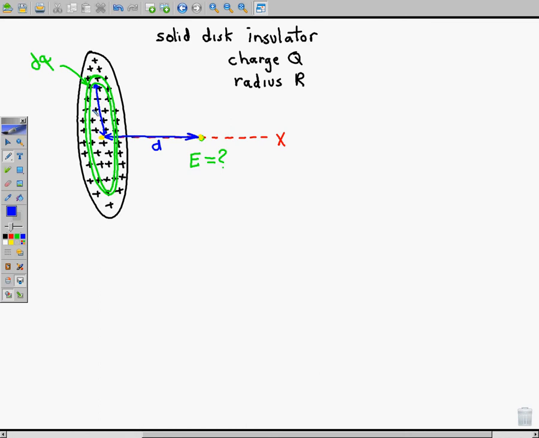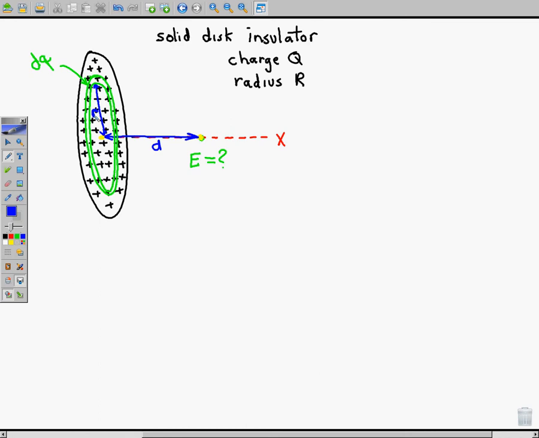That's going to be our lowercase r. And in order to get all the dq's, ultimately we're going to be integrating over little pieces of dr. And what are we going to have to go from? 0 to big capital R.